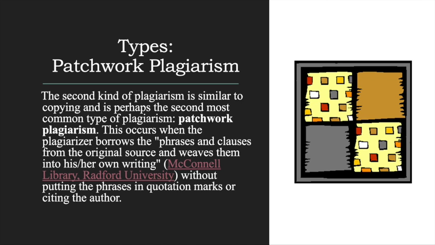The second type of plagiarism we want to talk about is something called patchwork plagiarism. And this is similar to copying and probably the second most common type of plagiarism. Patchwork plagiarism occurs when the plagiarizer borrows the phrases and clauses from the original source and weaves them into his or her own writing without putting the phrases in quotation marks or citing the author.